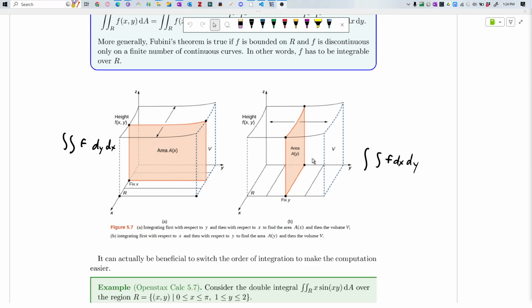Versus in this picture, you can see that the highlighted planar region varies along x first. So the inner integral that you do is with respect to x, and then as your outer operation, you integrate with respect to y. You sweep this plane through whatever domain is specified for y.